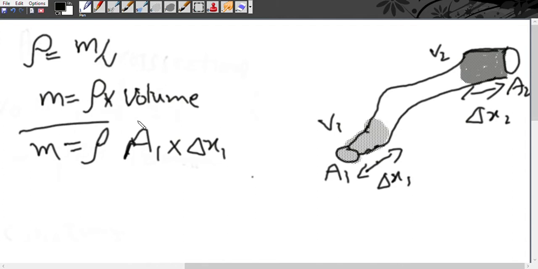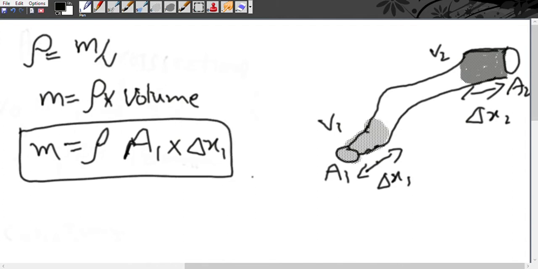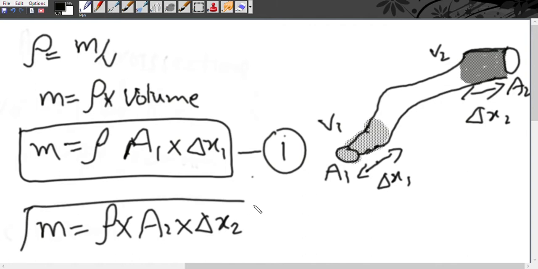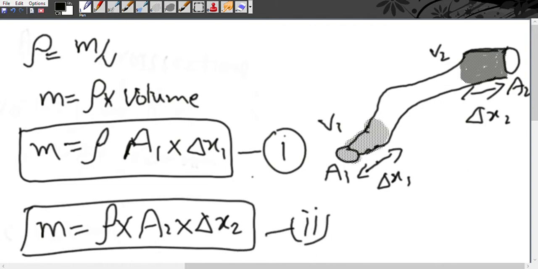We may call this equation number 1. If we apply the same equation on the upper end, then mass will be equal to rho into A2 into delta x2. We may call this equation 2.